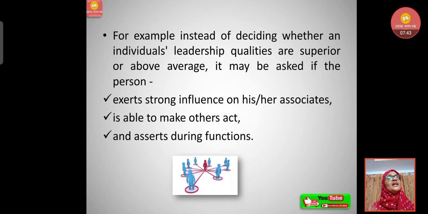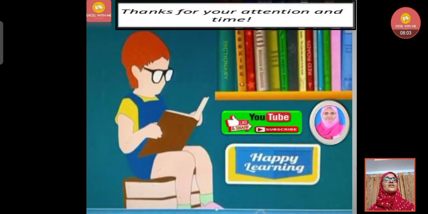For example, instead of deciding whether an individual's leadership qualities are superior or above average, it may be asked if the person exerts strong influence on his or her associates, or is able to make others act and asserts during functions. So this is all about the rating scale.